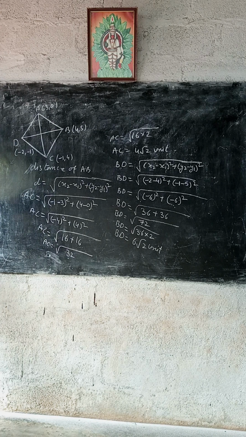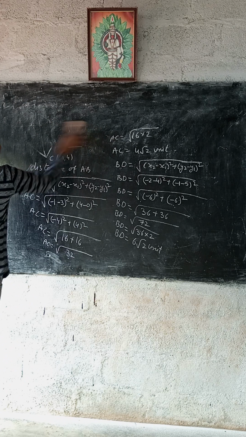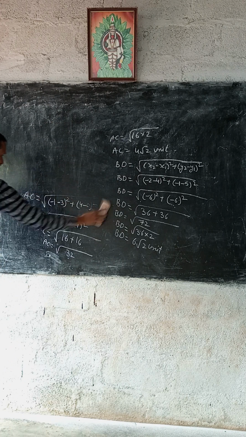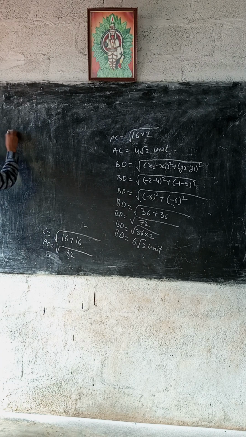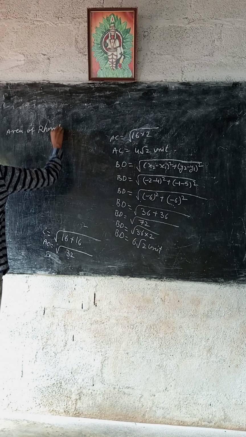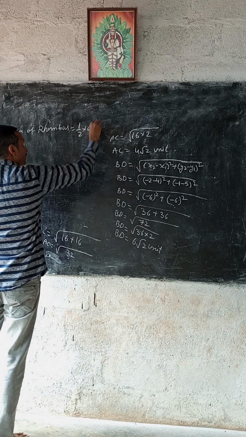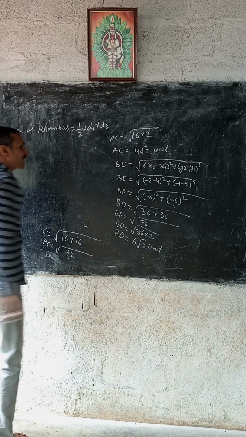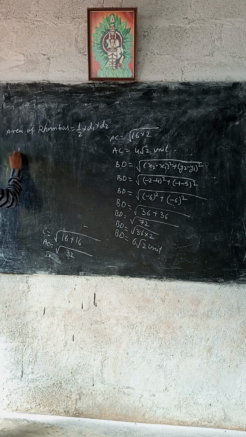Now the area of the rhombus is equal to half into diagonal 1 into diagonal 2. Diagonal 1 is AC and diagonal 2 is BD.